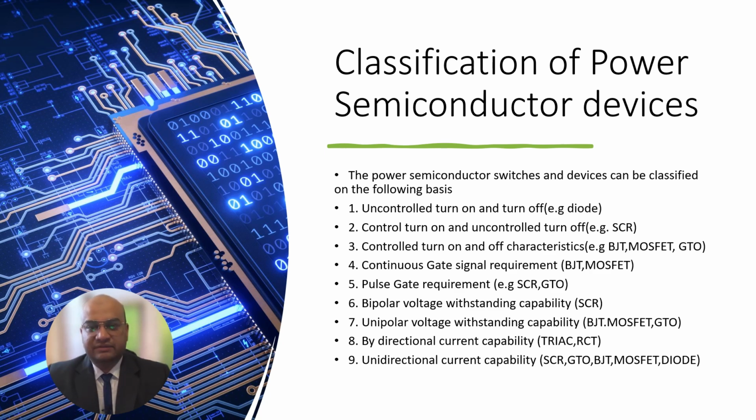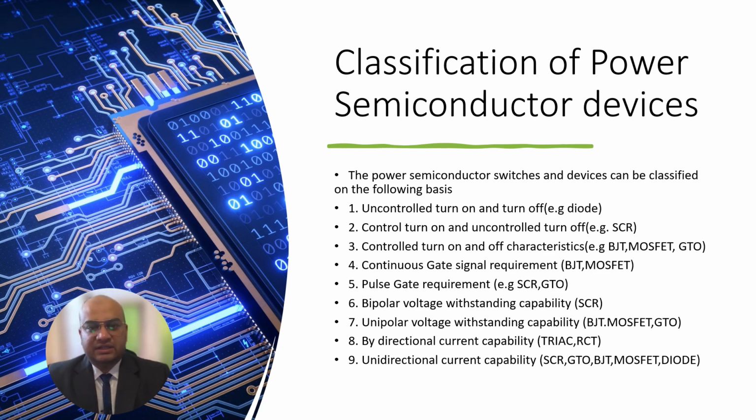For this, devices like diodes are most suitable. Then if we discuss controlled turn on and uncontrolled turn off devices, for example, SCRs, then controlled turn on and off characteristics are from the examples of BJT, MOSFETs and GTOs.